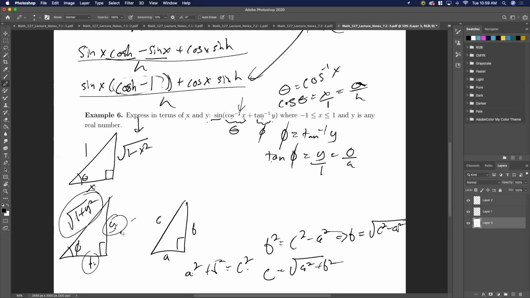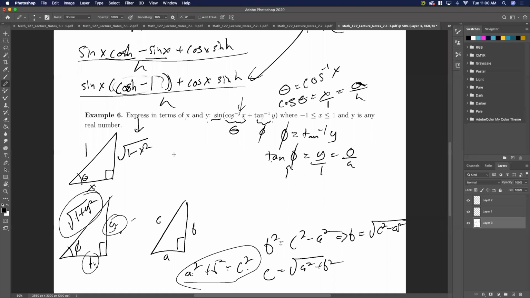One side of the triangle is y, the other side is 1, because if I'm building a triangle for phi, the goal is to find all the trig functions for phi, and I want to write this all in terms of x and y. So I'm building these two functions here, and I'm just using the Pythagorean theorem to figure out what the other side is.